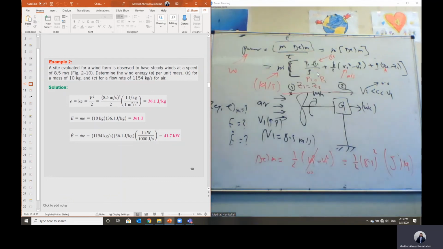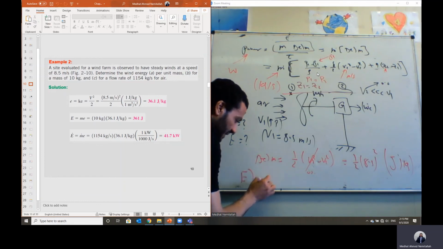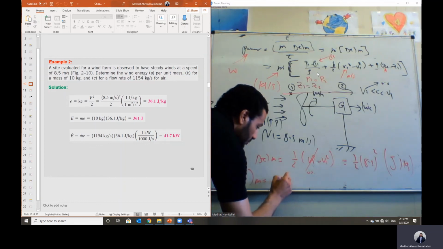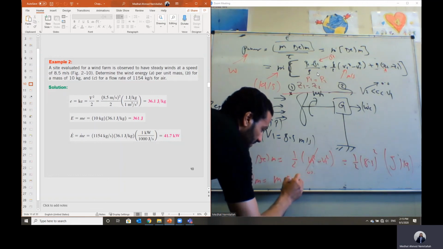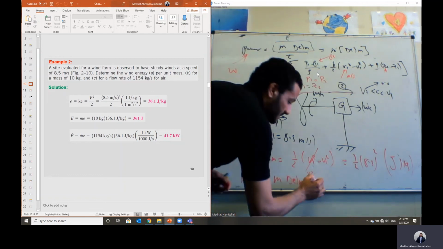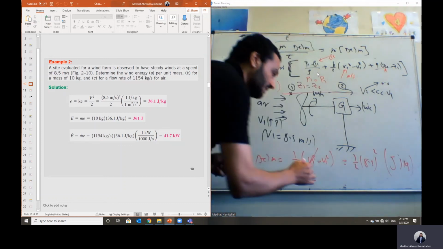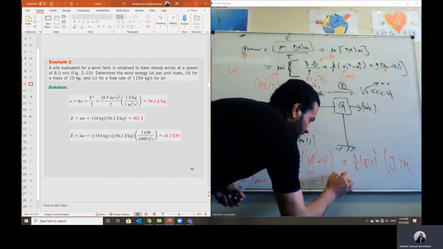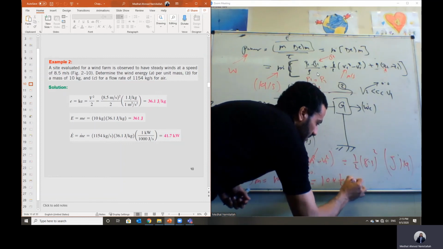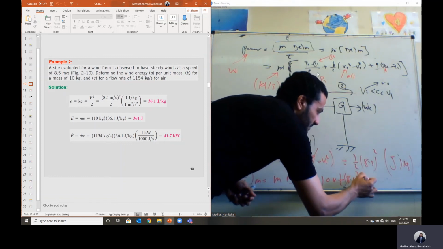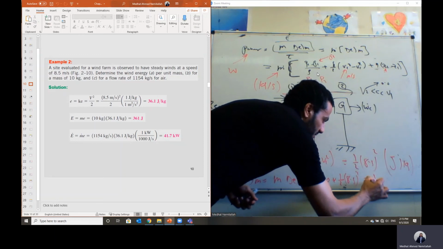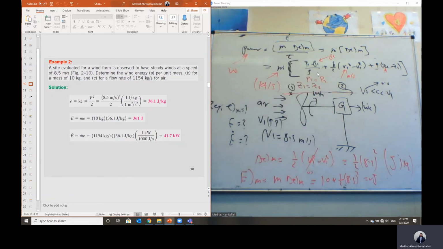The total mechanical energy of the fluid will equal mass multiplied by delta E mechanical. It says to calculate the total energy if the mass is equal to 10 kilograms. So it will equal 10 multiplied by half of 8.5 squared, and the value will be calculated in joules.